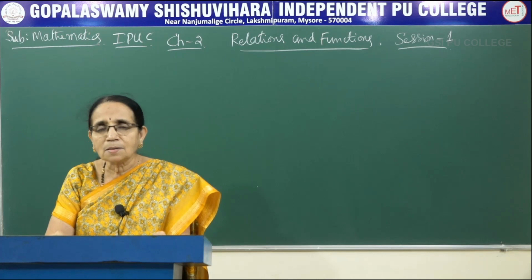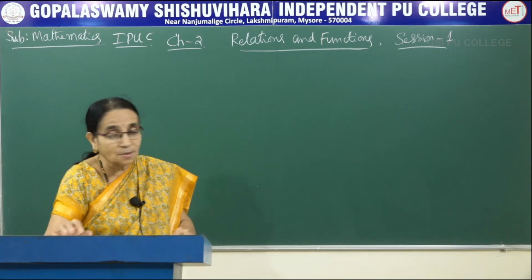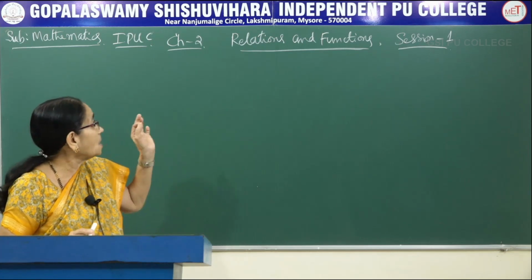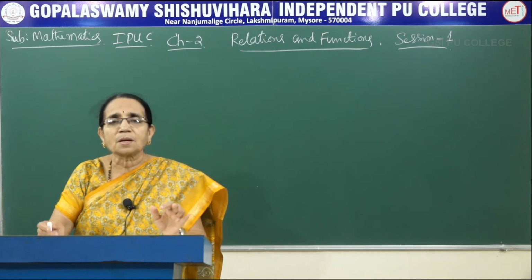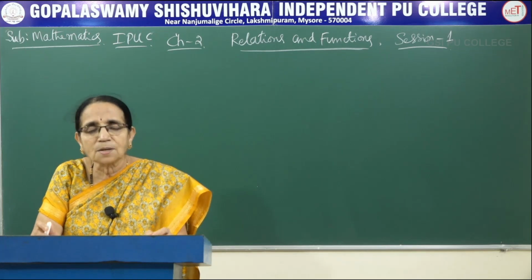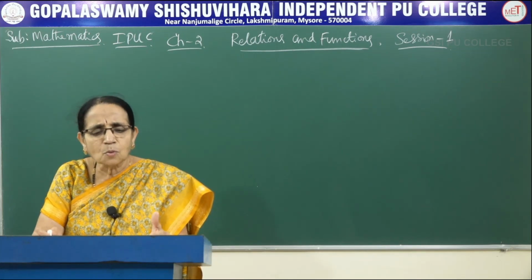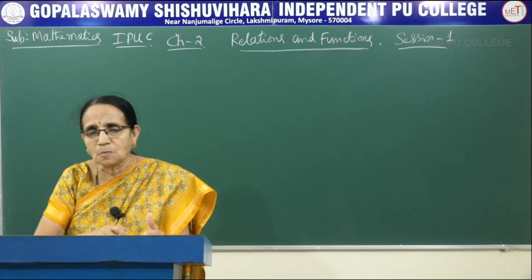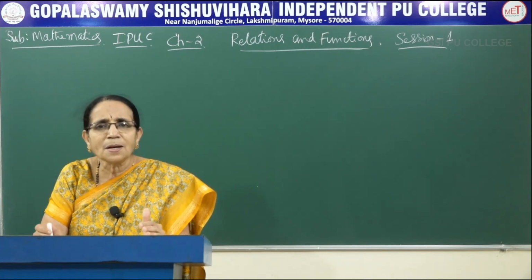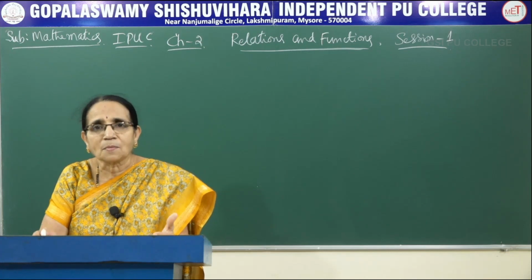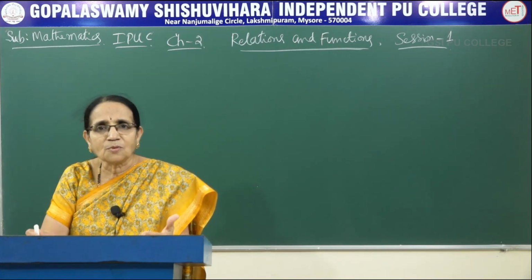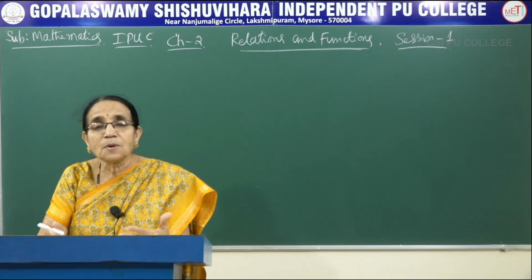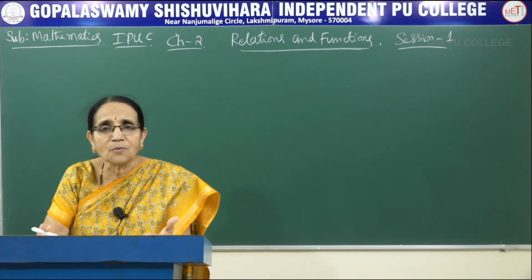Now I am starting the second chapter here, which we call relations and functions. The second chapter deals with relations and functions. See, these words, relation and function, both these words are familiar to us. We use them in a general way. Function means, we have got a function at home, I have to attend a function, like that.